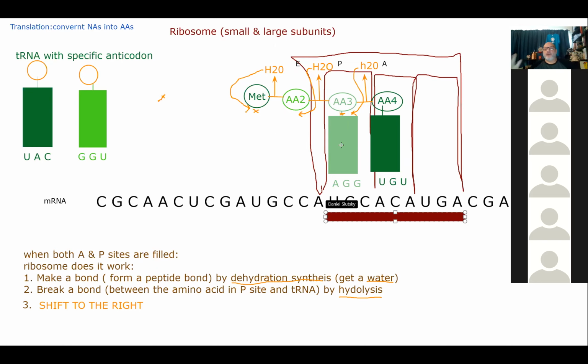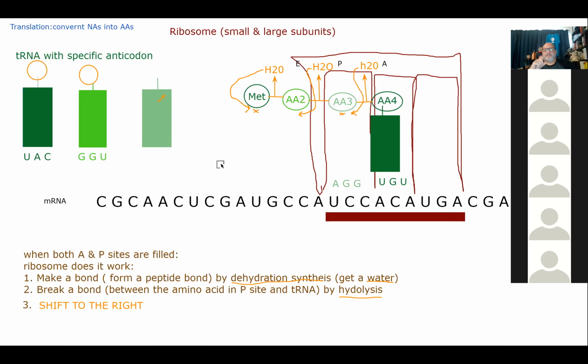Now, remember, a typical polypeptide is going to be thousands of amino acids long. So this process is going to happen 1,000 times until finally something different happens. And what's that different thing that's going to occur?